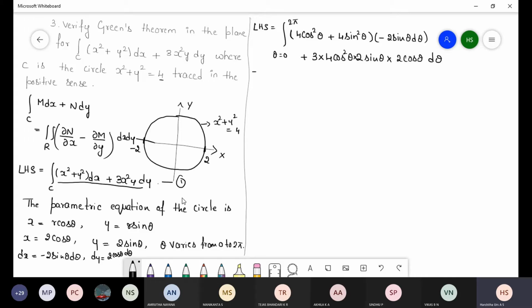Again, the integral over the curve C means theta varies from 0 to 2 pi.